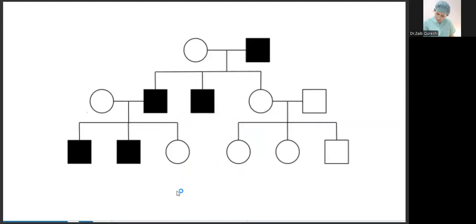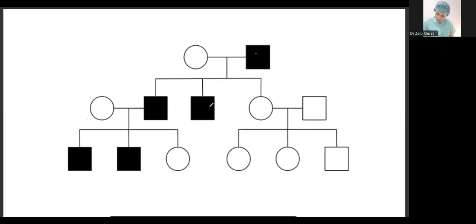If the father has this disease, he can transfer it to all the male babies, and daughters will be spared. Then this affected male will transfer the disease to his sons, and this way it will continue. No female in the chart will have this disease. All the males will show the disease.